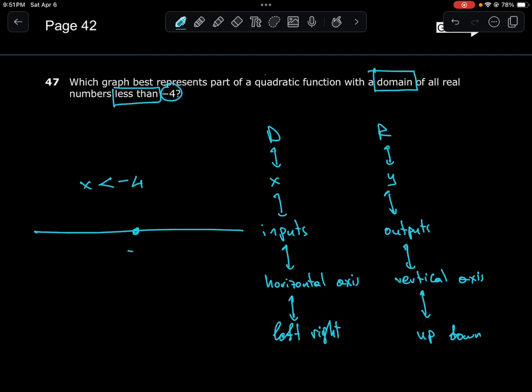Suppose that this is the -4. It's less than, it's not equal, so there is a hole here. It's going to have a circle to indicate that this -4 is not included, and less than -4 is on the left. Anything that's on the left is smaller than anything that's on the right.